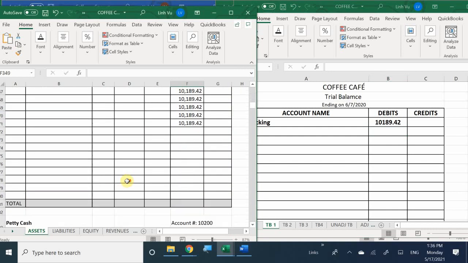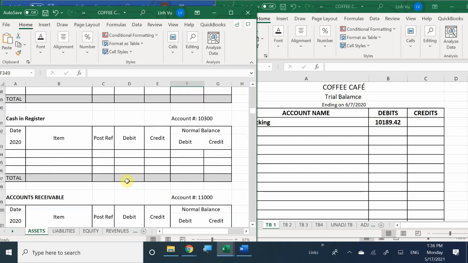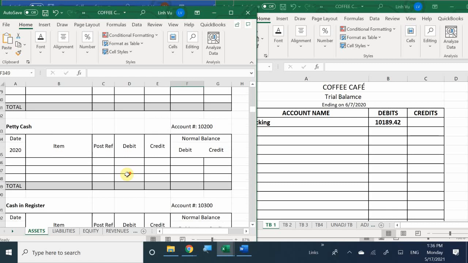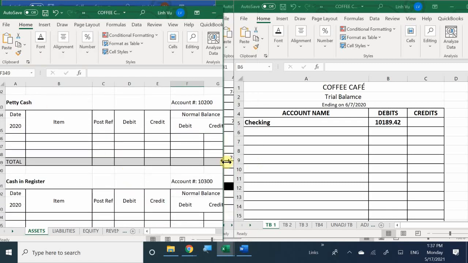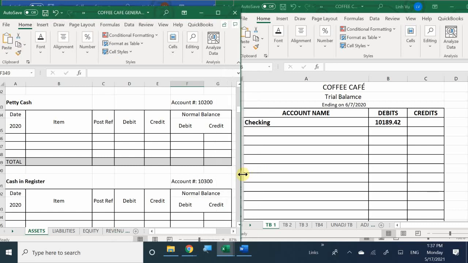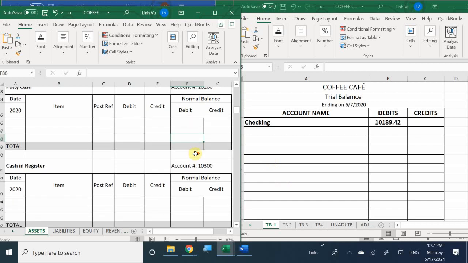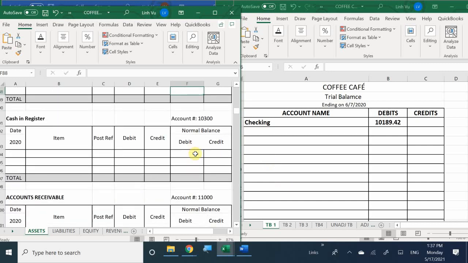Do we have an account balance in my petty cash fund? No. We haven't established one yet, so there's no account balance, and I do not need to place it in here. What about my cash register?